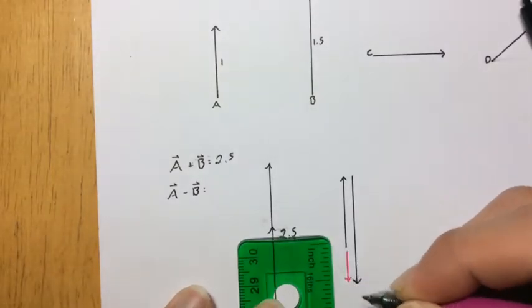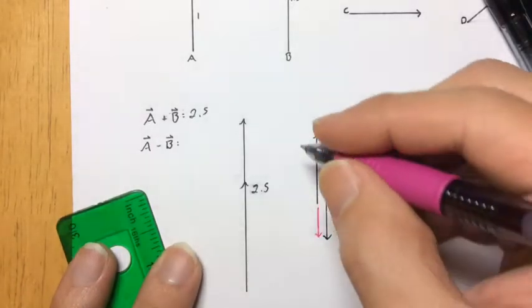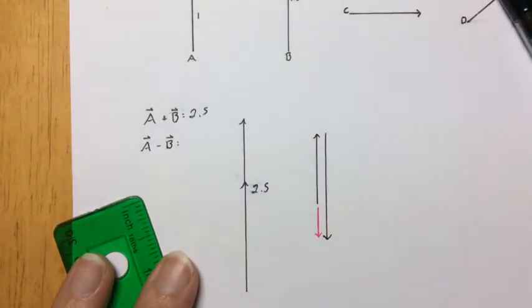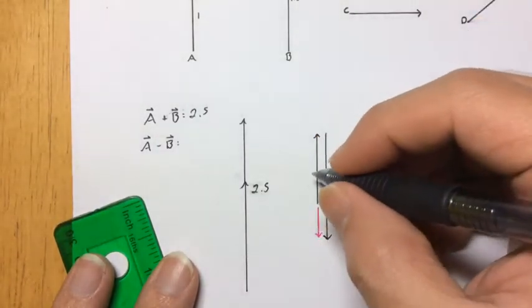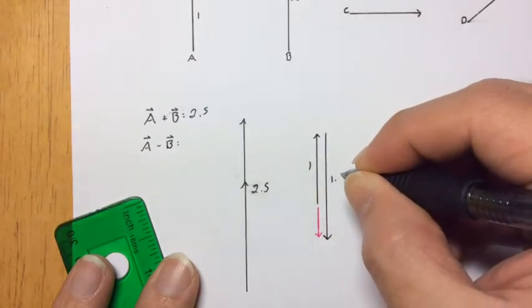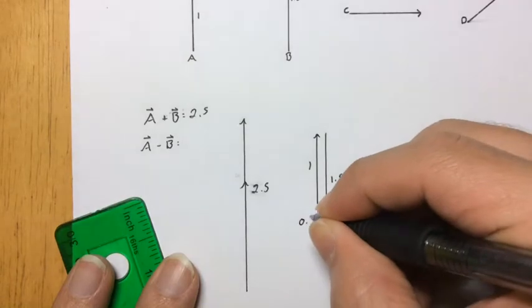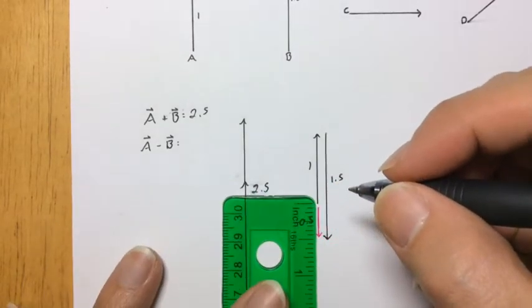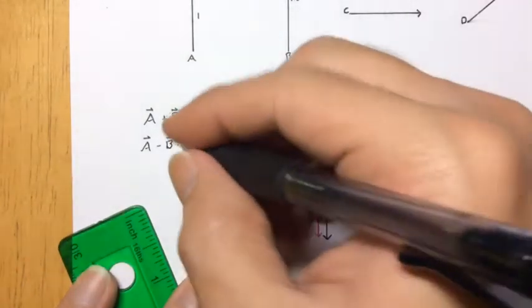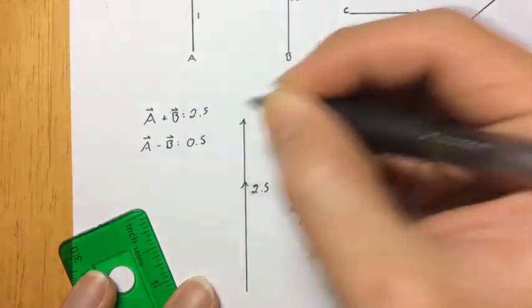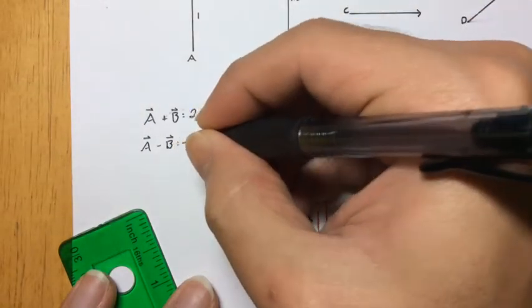Make it pink. So I get this little piece over here. That would be vector A minus B. Here's 1, here's 1.5, and so 1 minus 1.5 should give me 0.5 right there, and it would be in the negative direction.